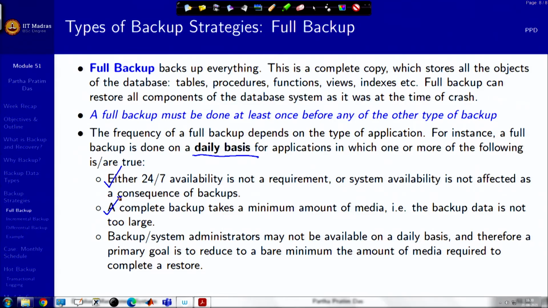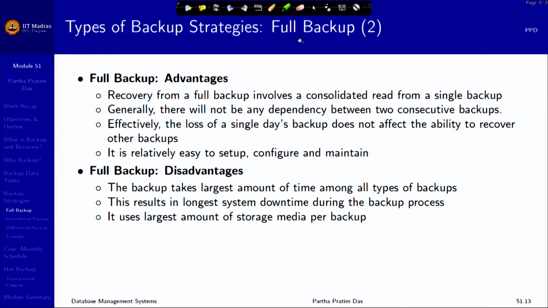Also, you may want to do the backup on a daily basis, because you may not have easily available system administrators who can easily restore the system from a not so full backup. So, you just want to make sure that a full backup is available. These are some of the reasons for which you do a full backup.